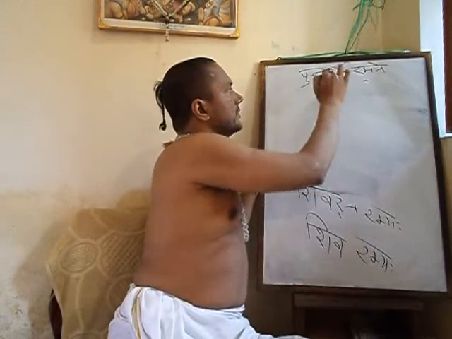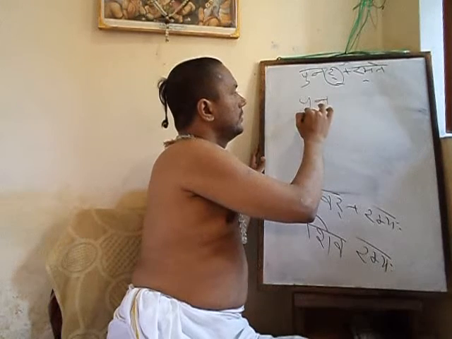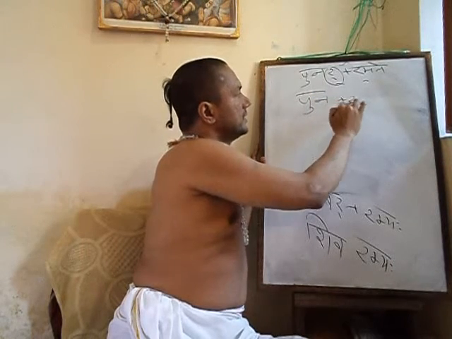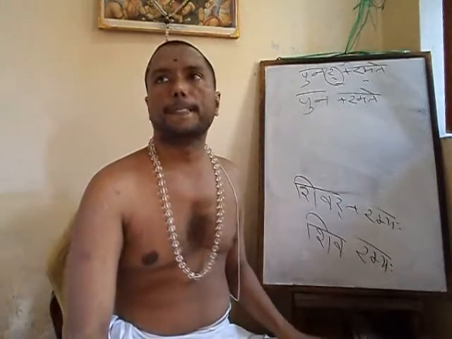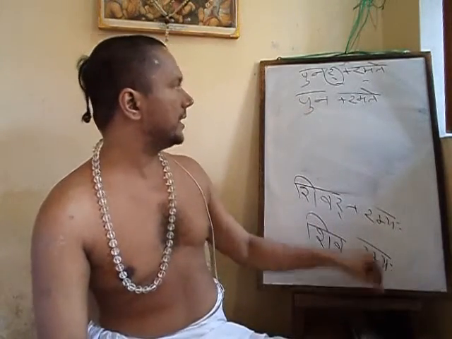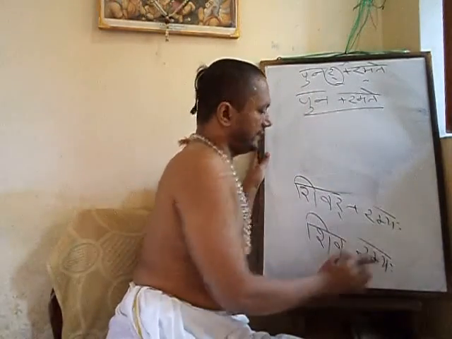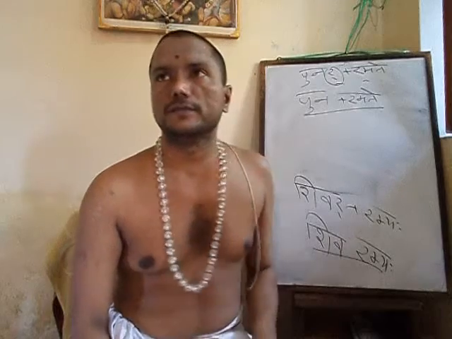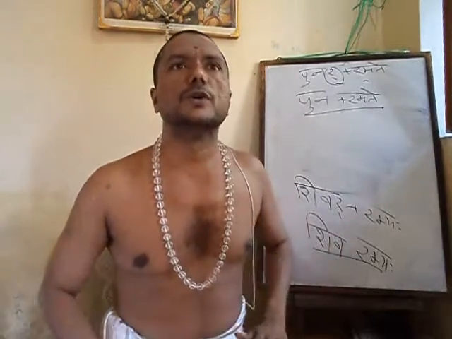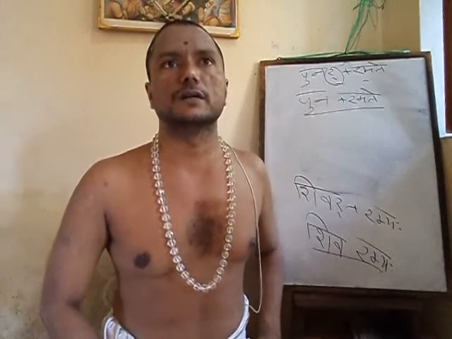Again, this becomes Lopa. Puna plus Ramate. Okay. Shiva plus Ramya, Puna plus Ramate. I will leave this here for now. It's not a complete form. We have to use another sutra.